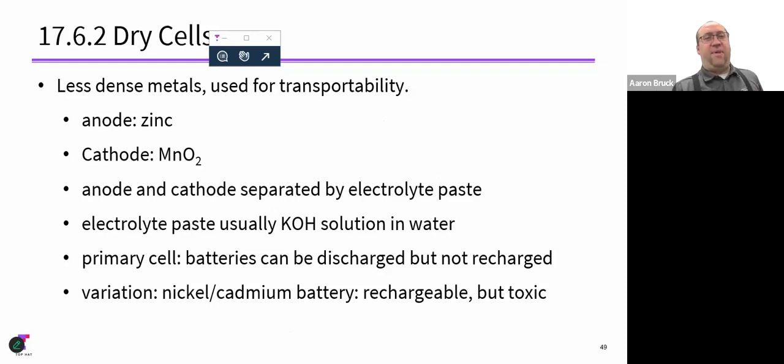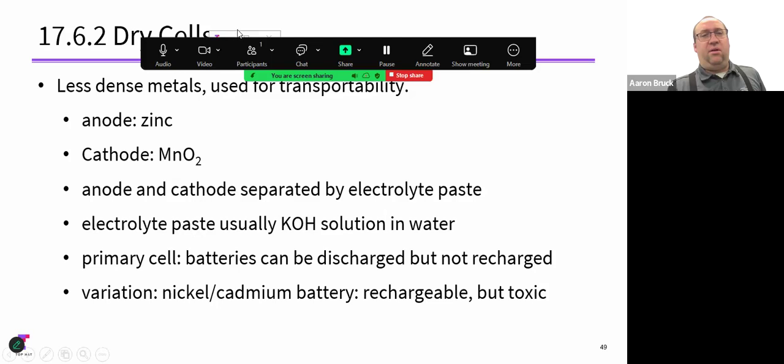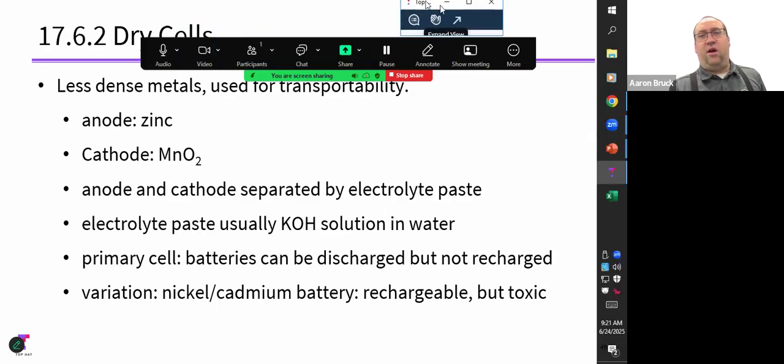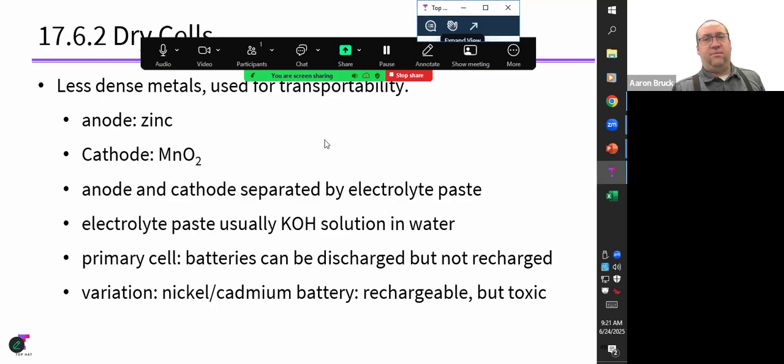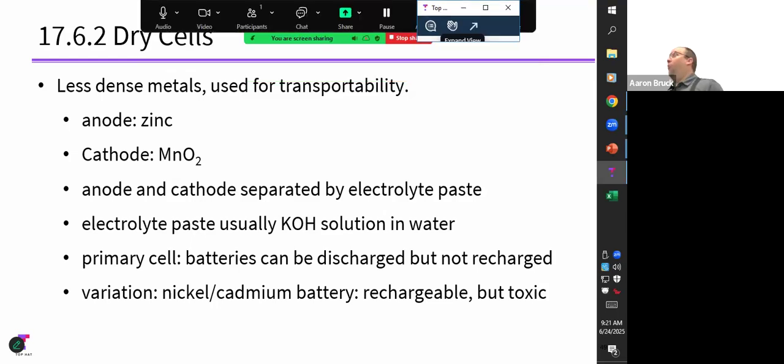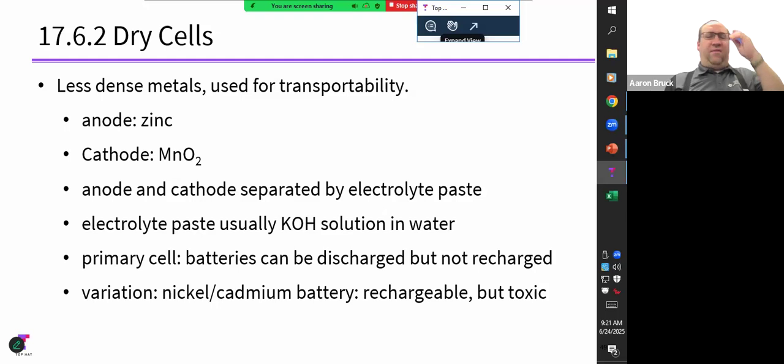So the lead acid battery is probably the most commonly used battery just in general, given the number of cars that there are. For home usage, dry cell batteries are the most commonly used. And the advantage of dry cell batteries is the metals themselves are less dense.